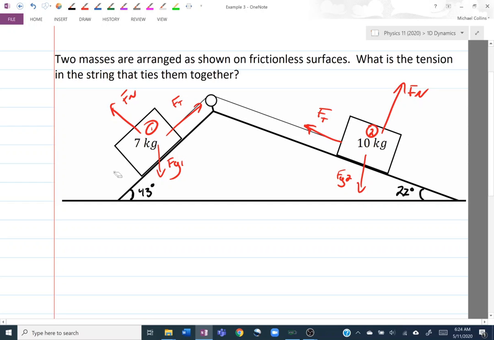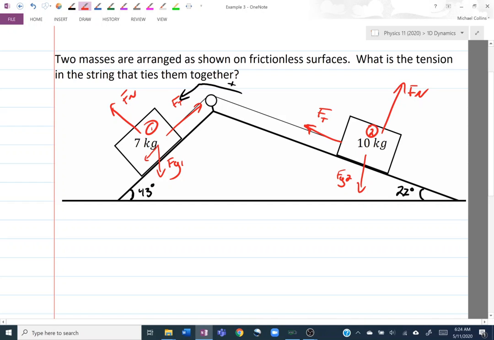I'm just going to arbitrarily decide a direction of motion to be positive, and I'm going to call this direction positive. We are not on flat ground, which means any forces that are not parallel or perpendicular to that plane of motion, we are going to have to split up into components.